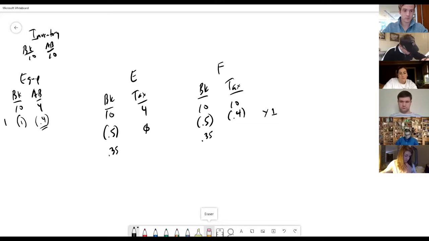And with non-704C property, the tax just follows the book. There's no difference. So that's our year one depreciation. This is sale of the inventory. And if we use the traditional method, that's it. That would be the answer.